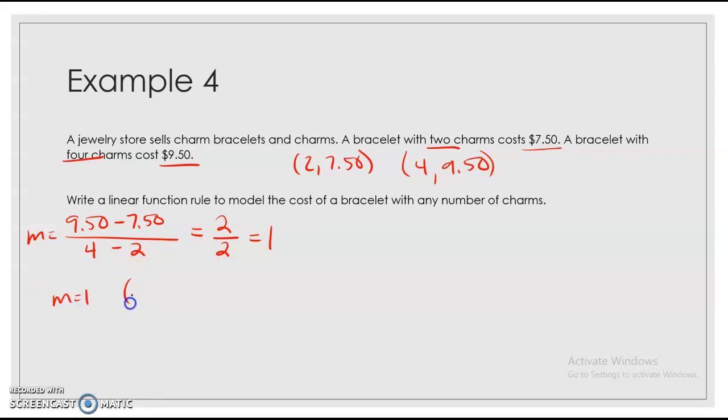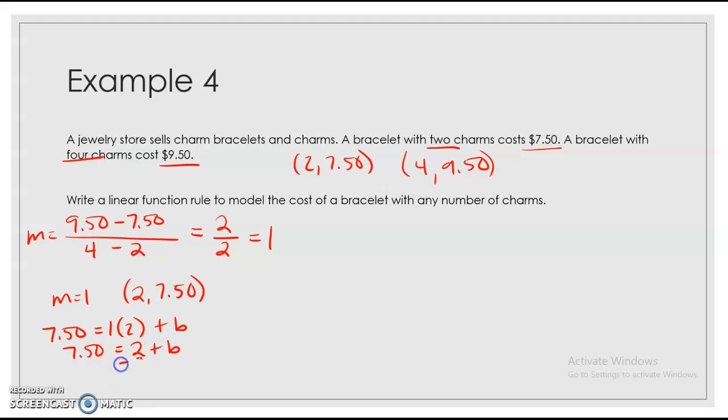And I'm going to use the point 2, $7.50. You could use the point 4, $9.50. Either way, we're going to end up with the same thing in the end. So $7.50 is my y, so I'm going to do $7.50 equals 1 times 2 plus b. So I have $7.50 equals 2 plus b.